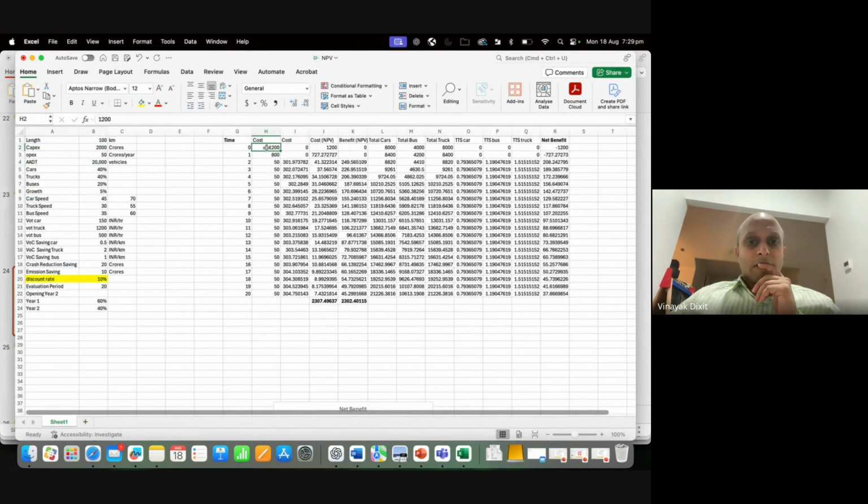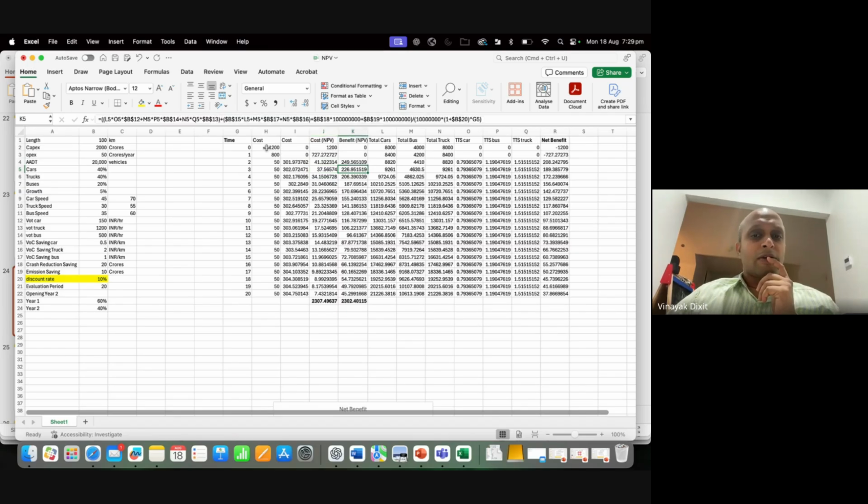So this is 1200, and 800 is 800 divided by 1.1. Now, after the second year, the operation and maintenance cost remains the same, 50 crores per year. So what I do is 50 divided by 1.1 raised to power 2. You'll see all these costs are reducing at net present value.